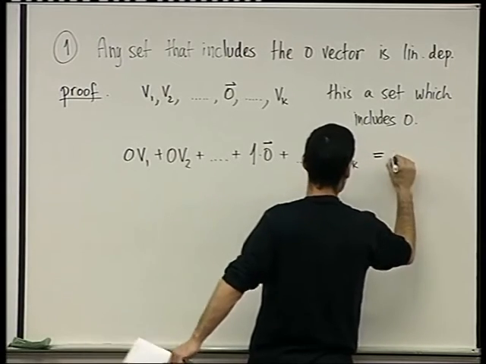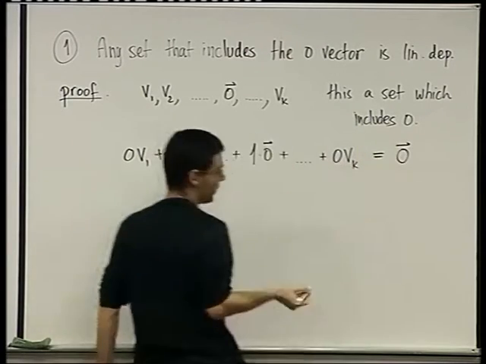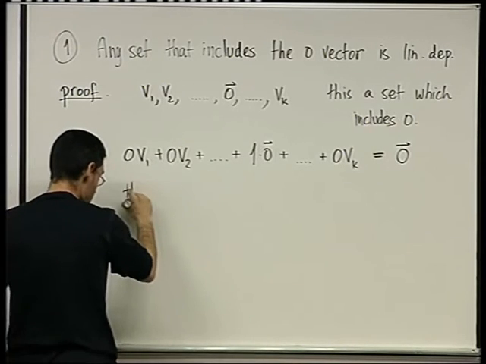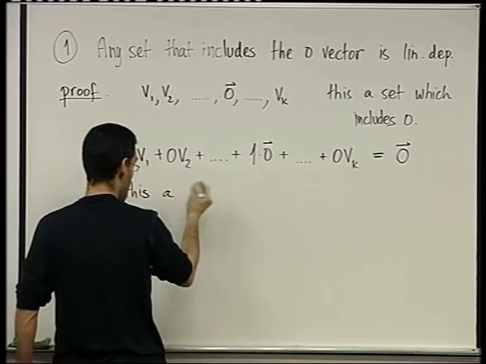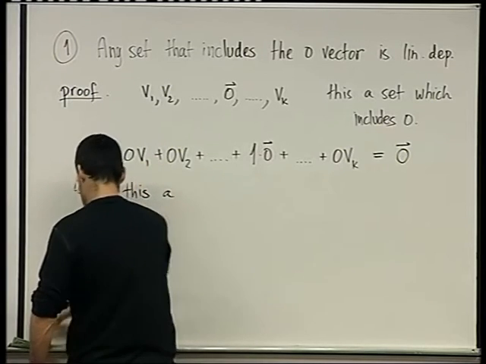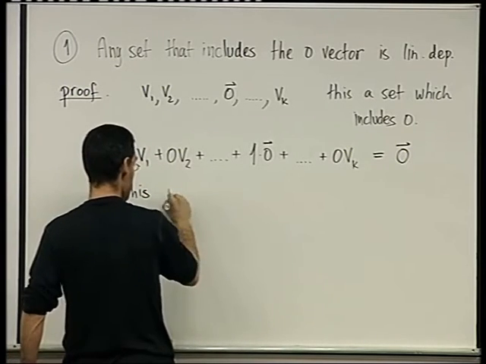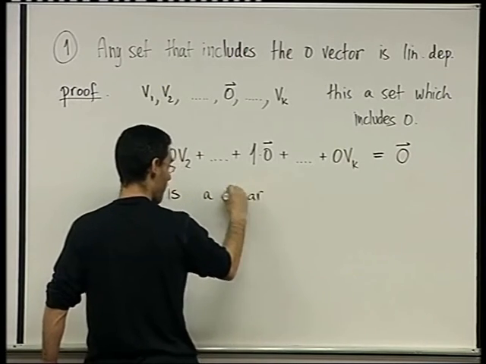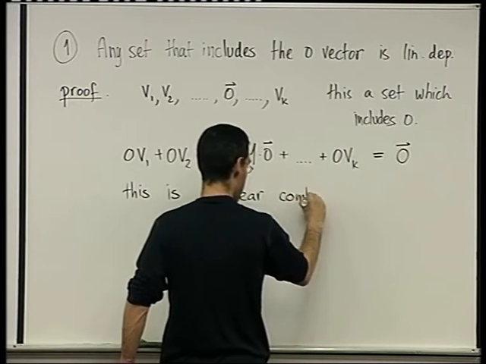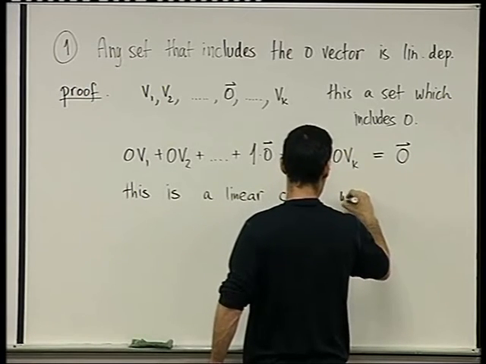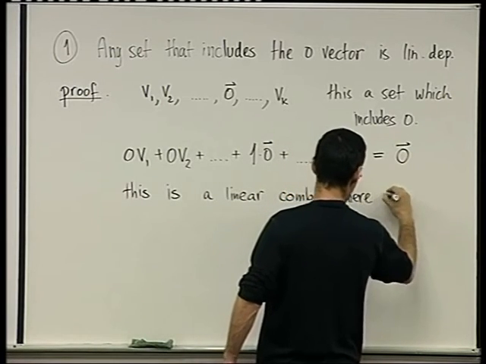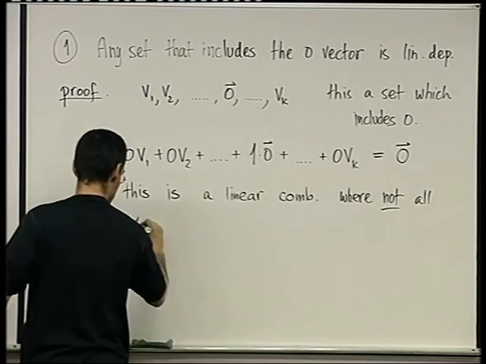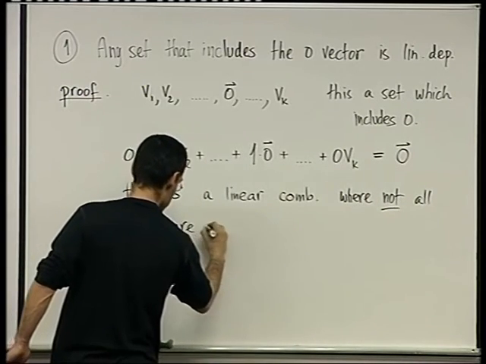Do you agree, first of all, that this gives you the 0 vector? Right? And this is a linear combination where not all alpha i's are 0, right?